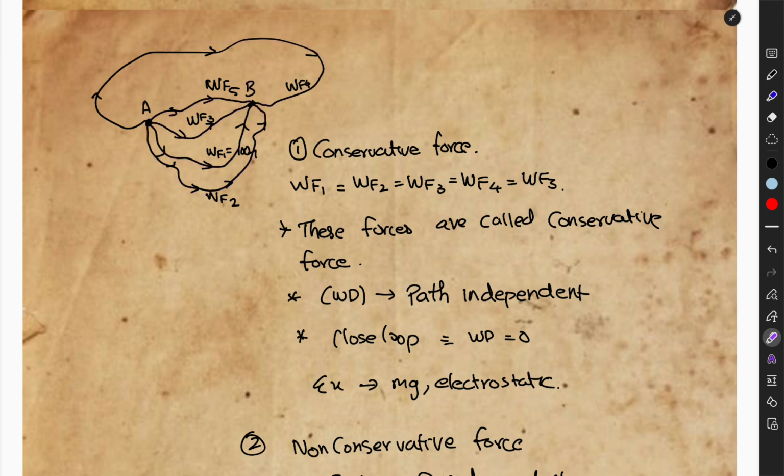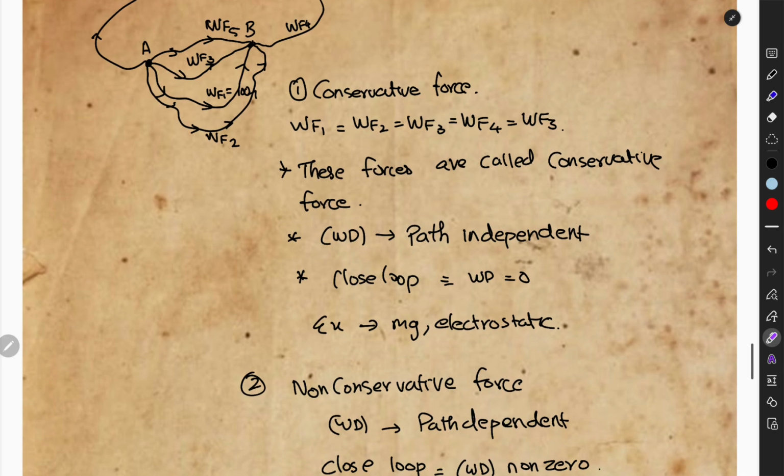So I can say that every work done will be equal, and it only depends on the initial and final positions. These forces are called conservative forces.